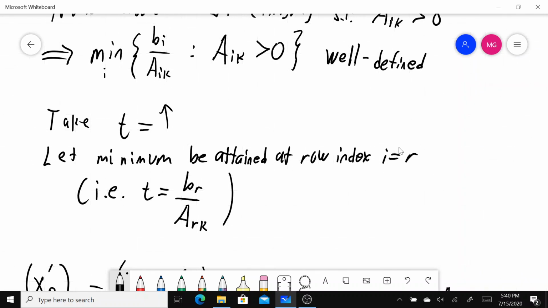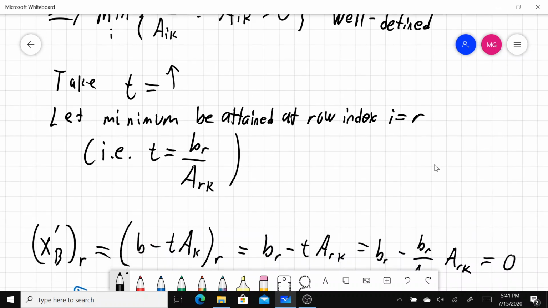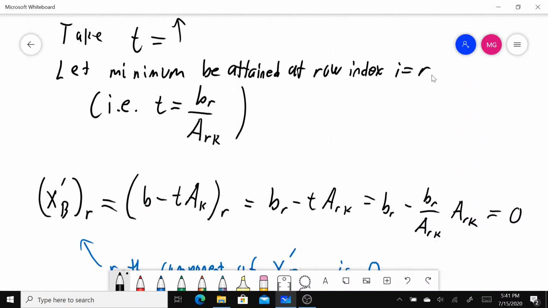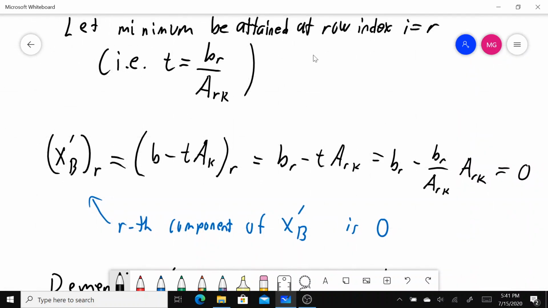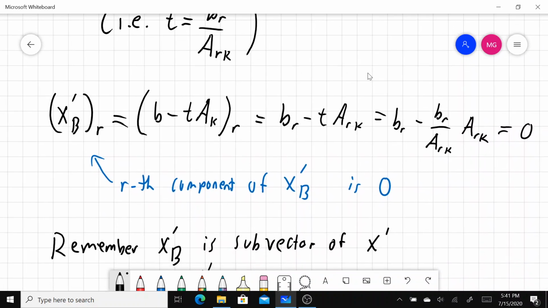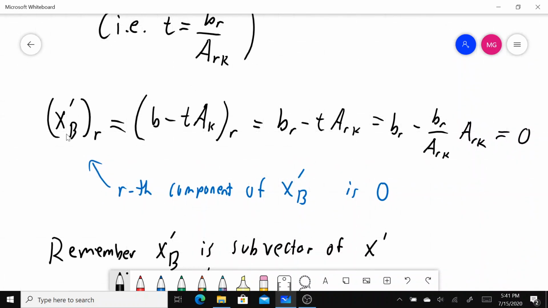And there could be multiple rows for which this is true. It doesn't matter. It's fine. Just take any of the rows for which it's true and call that row r. I mean, you can have a convention for how you pick it, but it doesn't matter how you pick it, as long as we know it exists. So for any such r, this works.